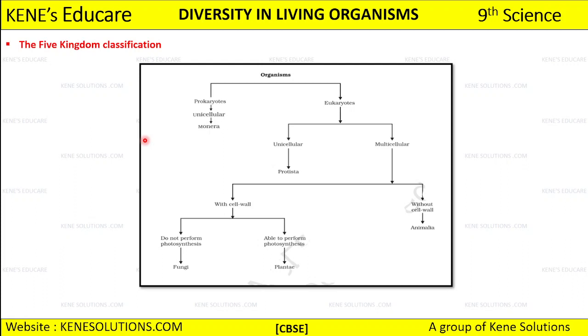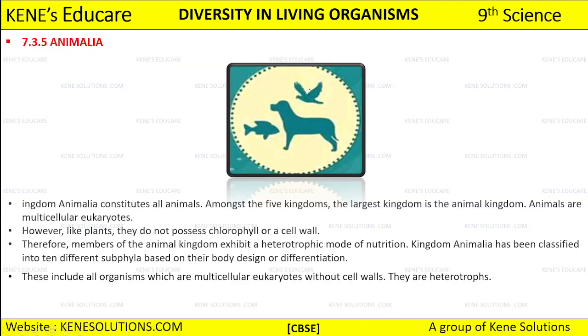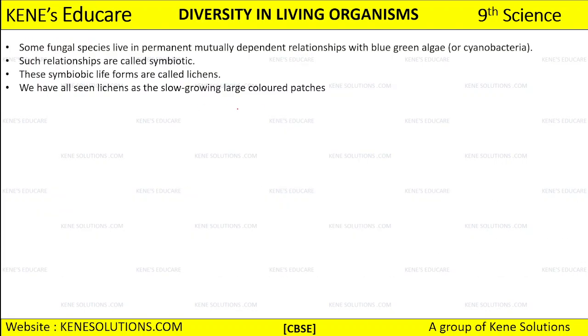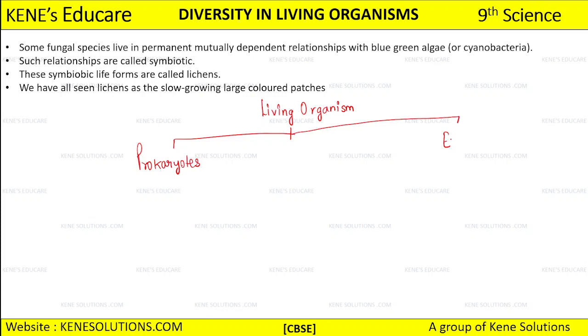So see, now living organisms. हम जो living organisms हैं, we are of two types. एक होता है prokaryotic, we are prokaryotes, and secondly we have eukaryotes.